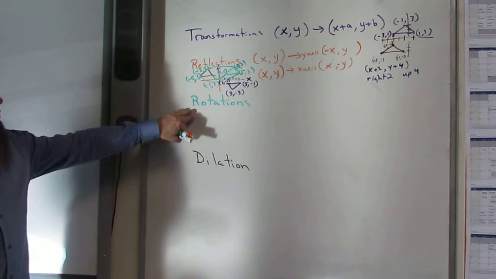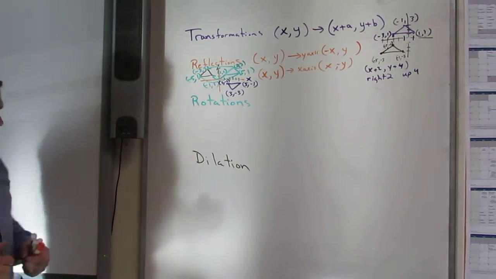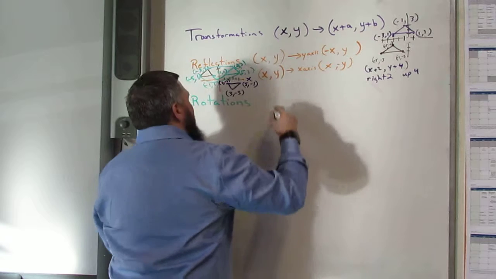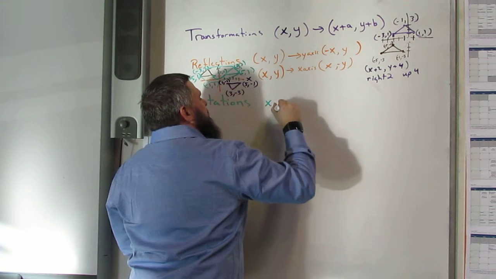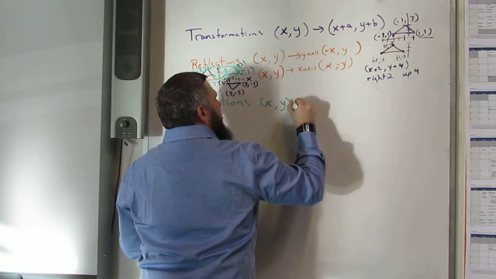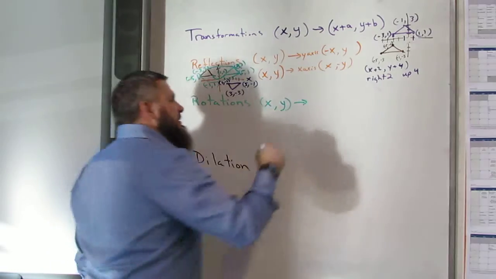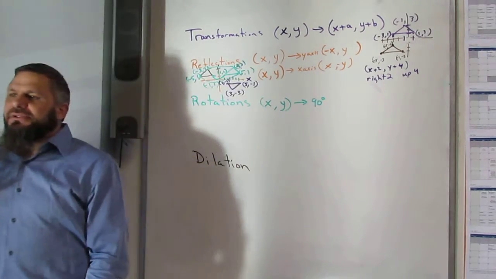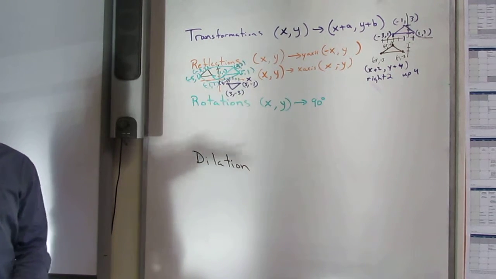Okay, next, rotations. Rotations are a little bit more complex, but not much. We still start with an x and a y. But we need to know, are we rotating at 90 degrees? Our rotations are always 90 or 180 degrees.